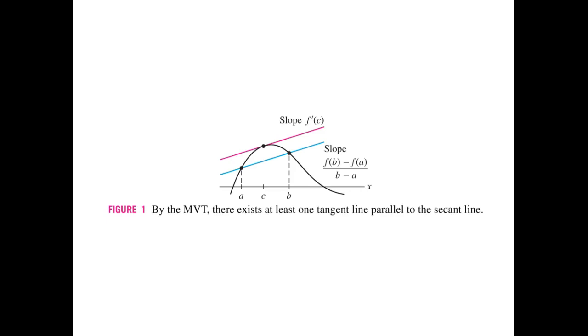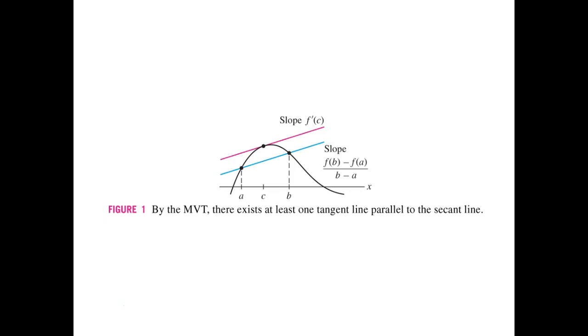You still have to have a smooth, continuous, differentiable function. But here on the interval a to b, f of a and f of b don't have to be the same value. What it says is there exists at least one tangent line that's parallel to the secant line between a and b. It's just that Rolle's theorem had that being horizontal. This has it being anything else.